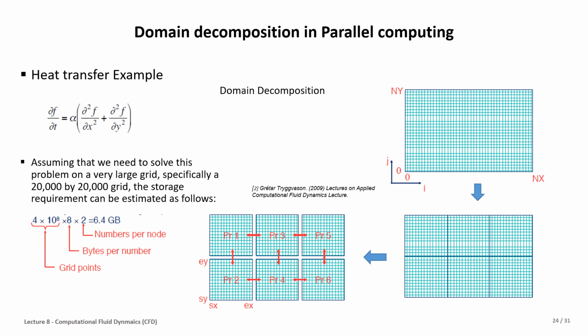This is a matter that is required to be taken into consideration in the setup and solution of this kind of problem. This is just a simple example to see how we can make a decomposition of the domain in parallel computing.